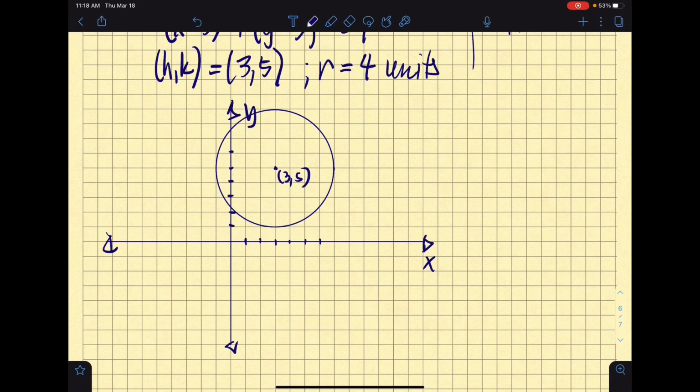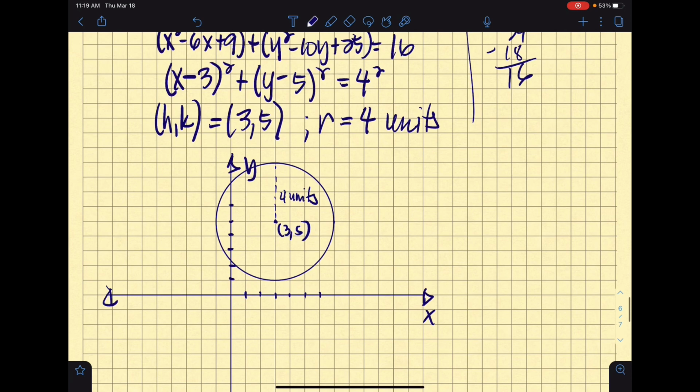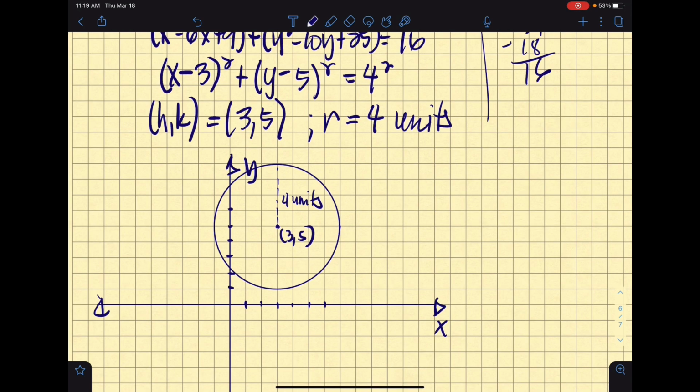So the radius is 4 units, and that's it. This circle illustrates x minus 3 squared plus y minus 5 squared equals 16.